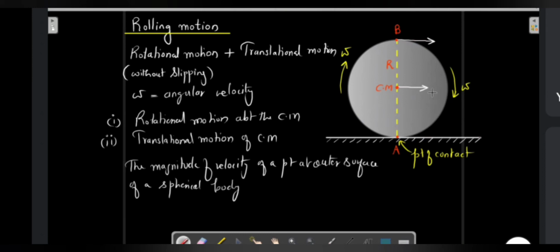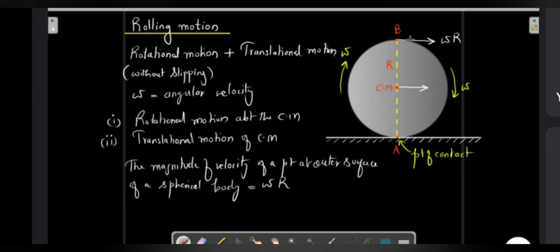If I consider any point on the outer surface of the spherical body, for example B, the magnitude of its velocity will be given by what? Obviously its velocity will be given by omega, that is angular velocity, multiplied by r. So this is going to be omega multiplied by r. For example, I consider point B. It is a point on the outer surface of this spherical body, right?